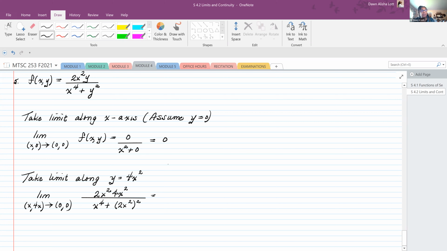So that becomes the limit as x goes to 0, 0.